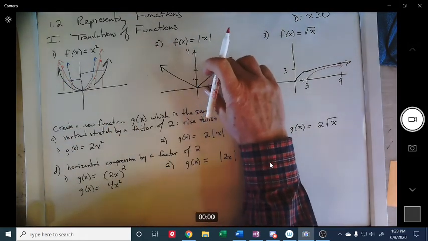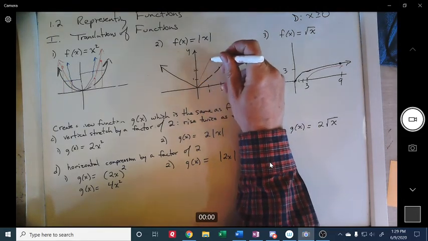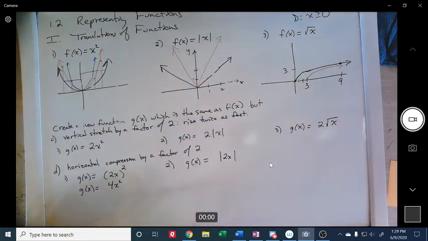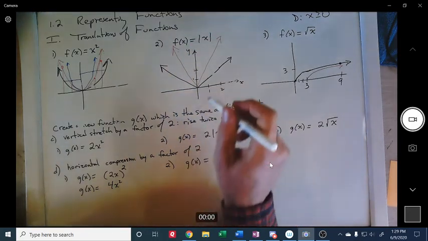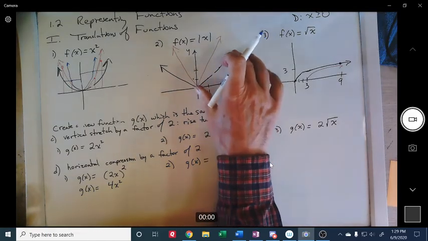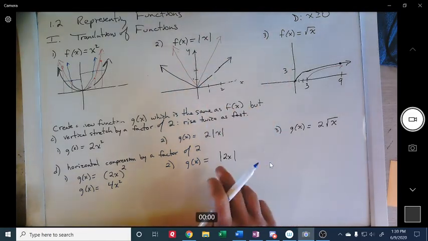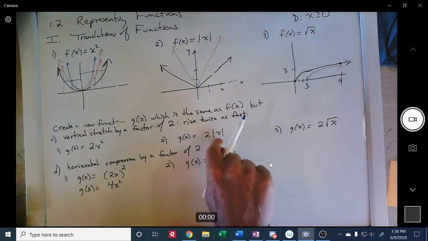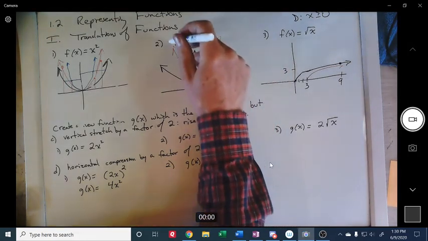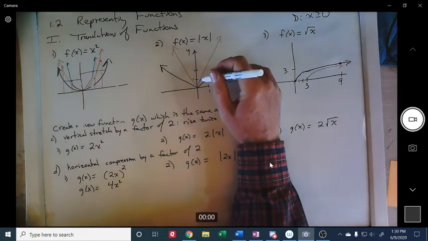When you double the heights on this one, you get this. But when you take the widths and cut them in half, you'll wind up getting the same thing because of the linearity here. And that's why this is the same as this function. That 2 can actually come out of that. So the blue curve would just be right on top of the red curve here.